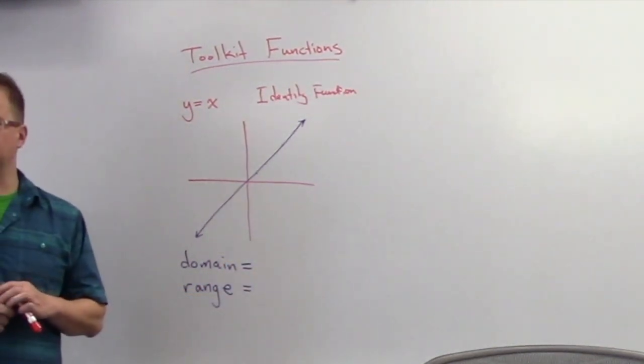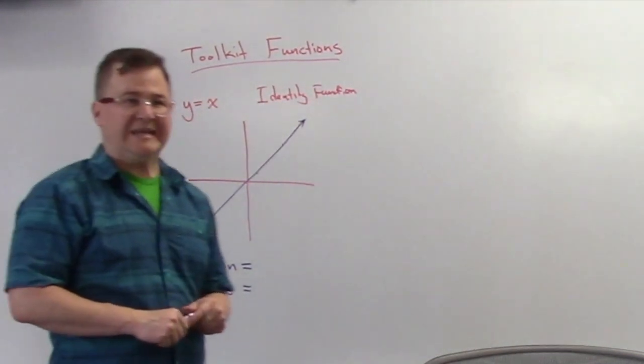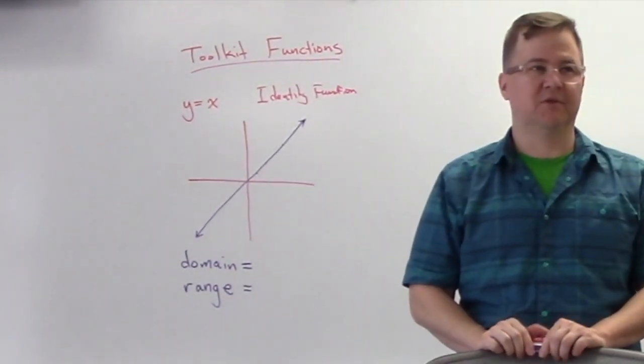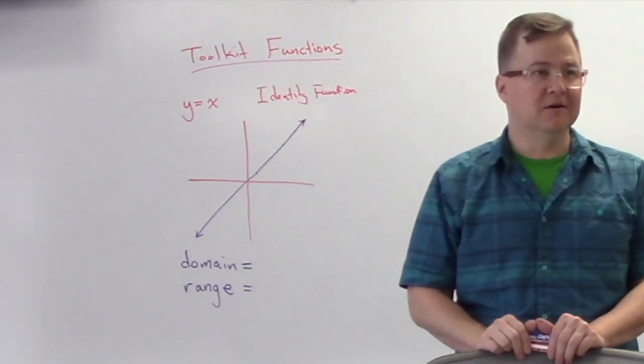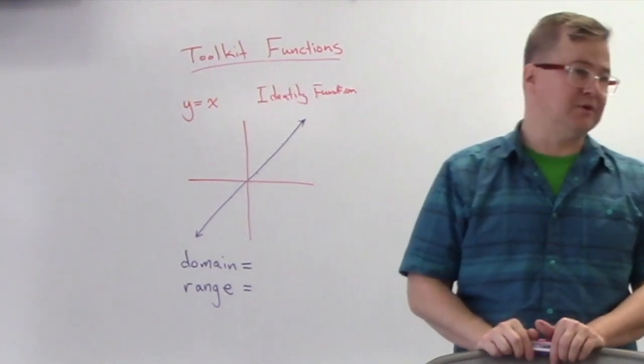If you haven't heard these words before, the domain, the words I was using before was inputs and outputs, right? In reference to functions. The domain is just the set of all the inputs. Range is a set of all the outputs.